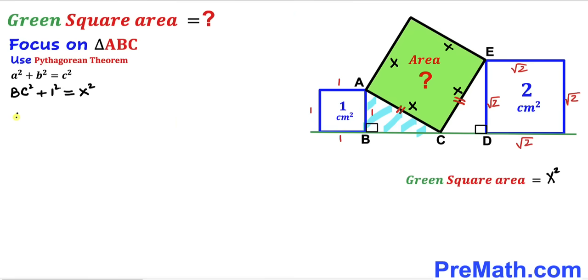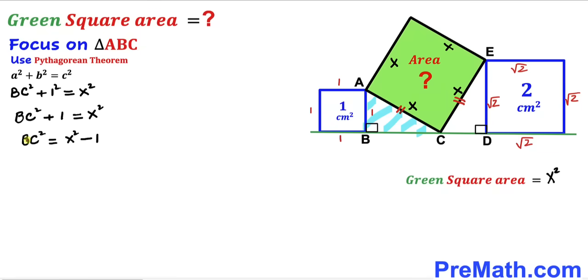Let's simplify. So we are going to have BC square plus 1 square, which is the same as 1, equal to x square. Now I'm going to move this 1 to the other side. So therefore BC square is going to be x square minus 1.